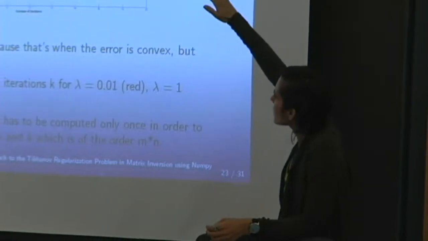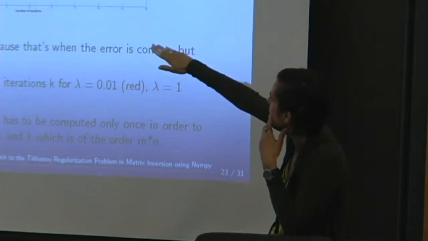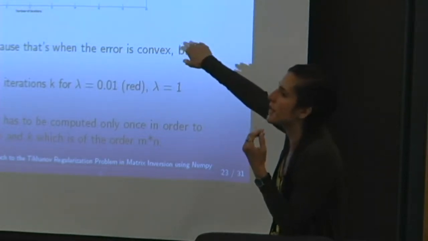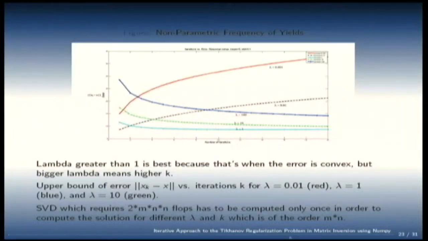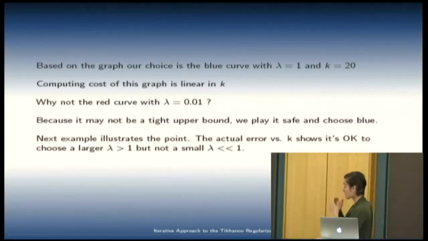Whereas if it's less than 1, it's a convex function, so it's eventually going to hit the true x. Okay, so I just told you that you should choose a lambda equal to 1. And actually, after 20 iterations, most of my problems are good to go. You don't have to do that many more iterations.